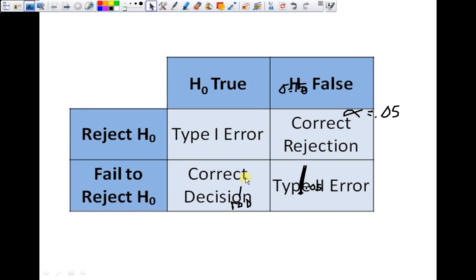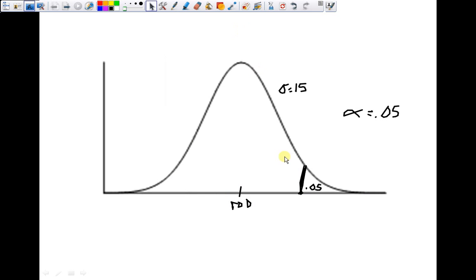So yeah, type 1 error will go down, but type 2 error goes up. So there's a balance. 0.05 is usually a pretty good balance between type 1 and type 2 error. Again, type 1 error goes down, type 2 error goes up, and vice versa.